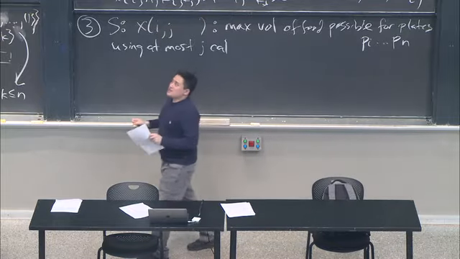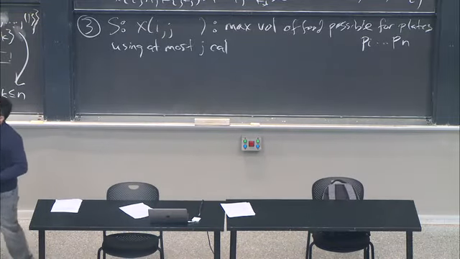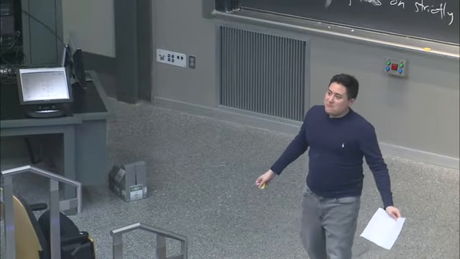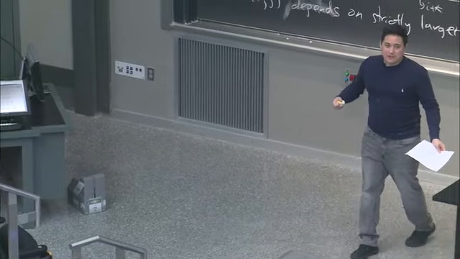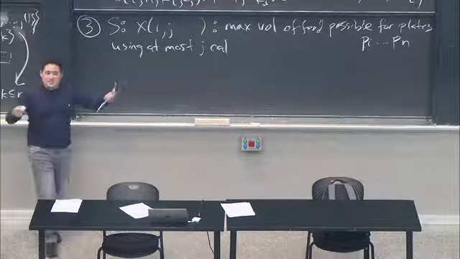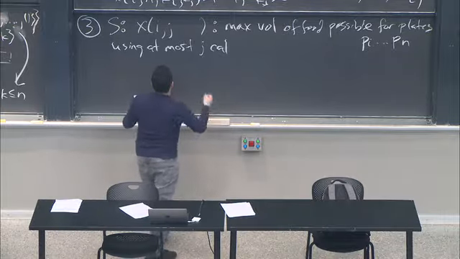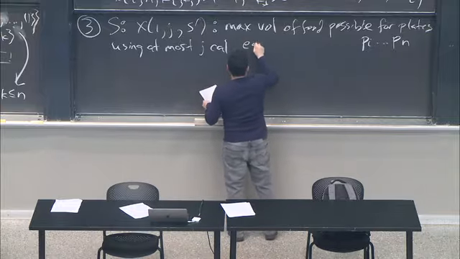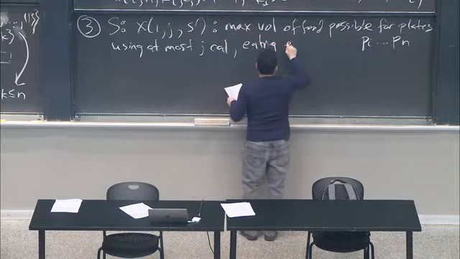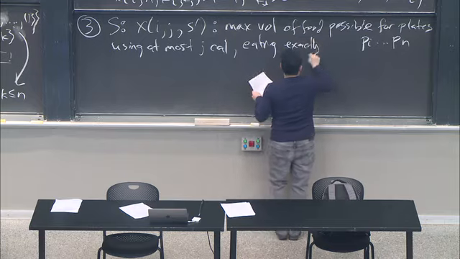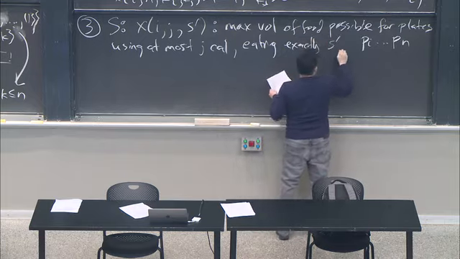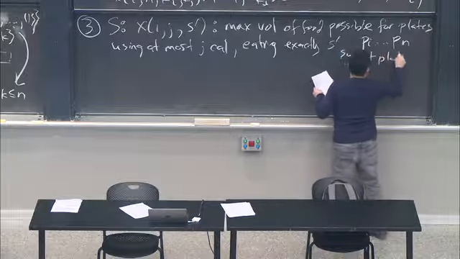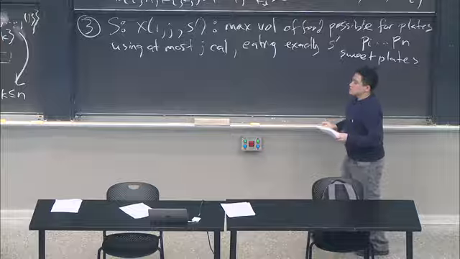And I need to make sure that I'm eating exactly some number of sweet plates in the future. And I need to remember, as I eat a sweet plate, the number of sweet plates I need to eat decreases. And so I want to generalize that. I'm going to put an S prime here to denote eating exactly S' sweet plates. Okay, so that's my subproblem.